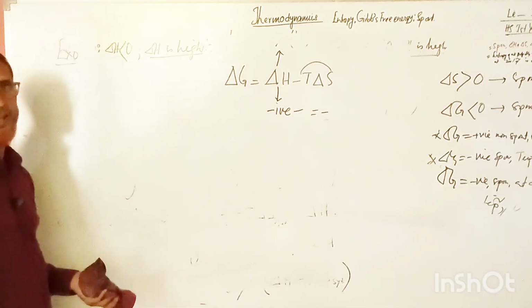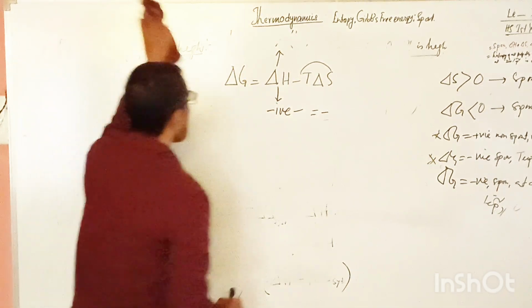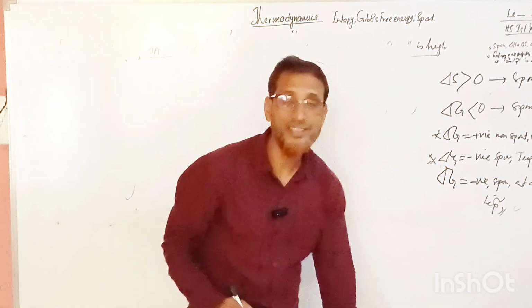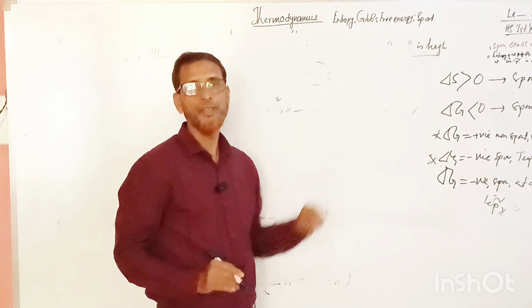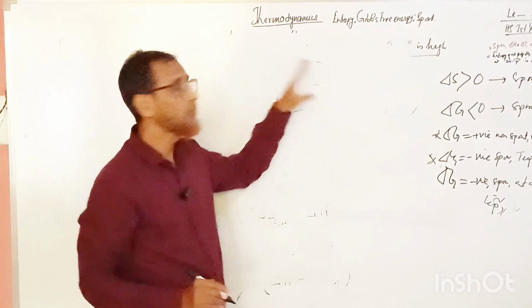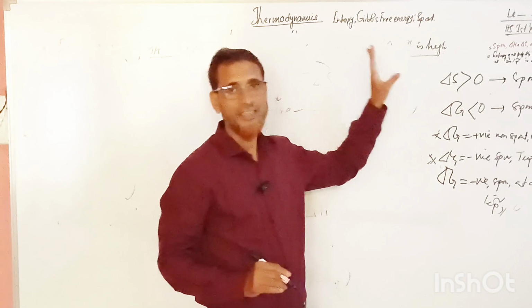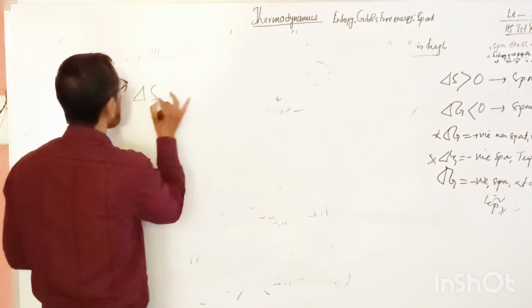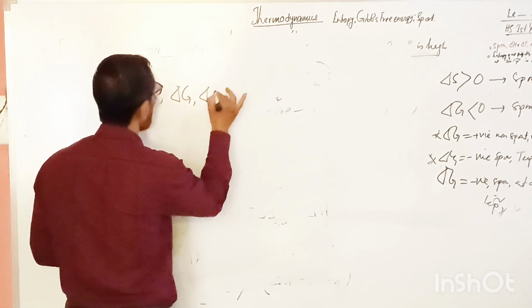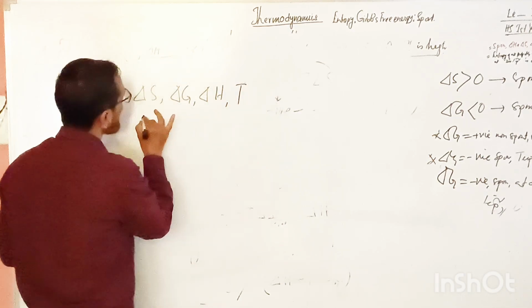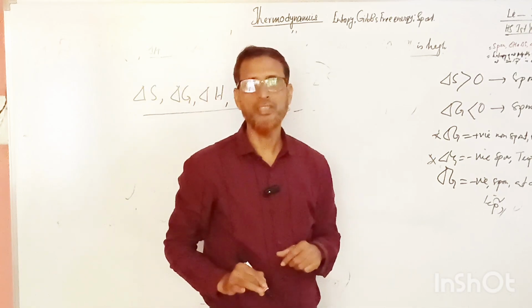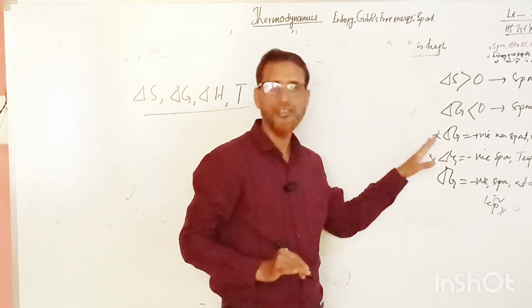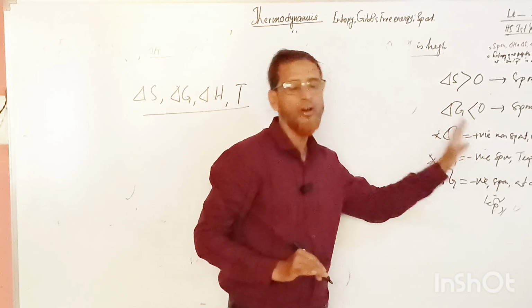So these are some criteria with the help of which we can tell, with the help of the values of ΔS, ΔH and temperature, that is ΔG, ΔH and temperature, whether a process or reaction is spontaneous or non-spontaneous, fast or slow, or feasible or not feasible.